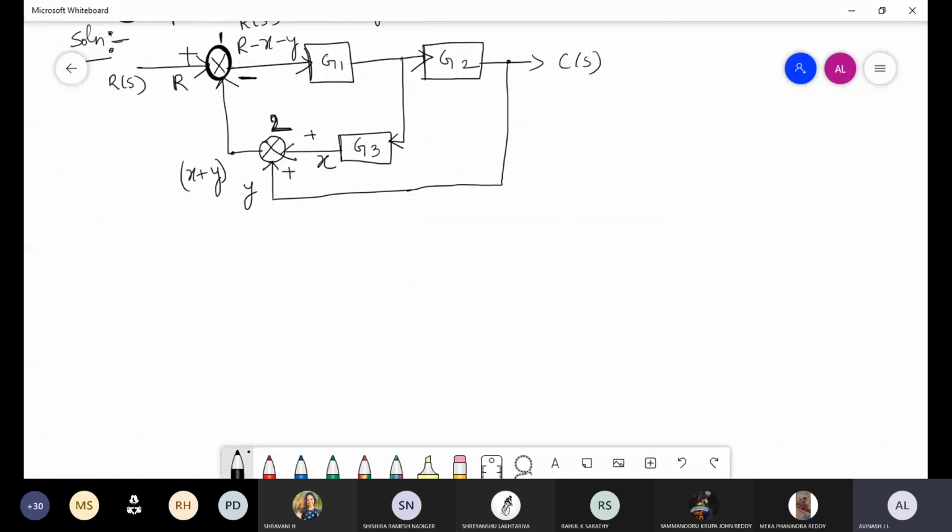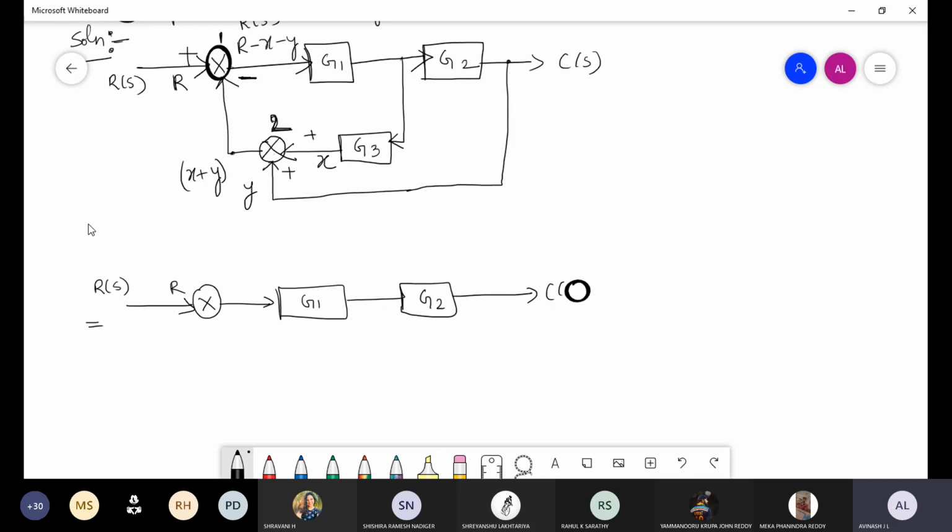So R of S, I'll take it here. Observe carefully, all of you. I'll take this as block G1, and here the block G2, and here C of S will come into the picture.